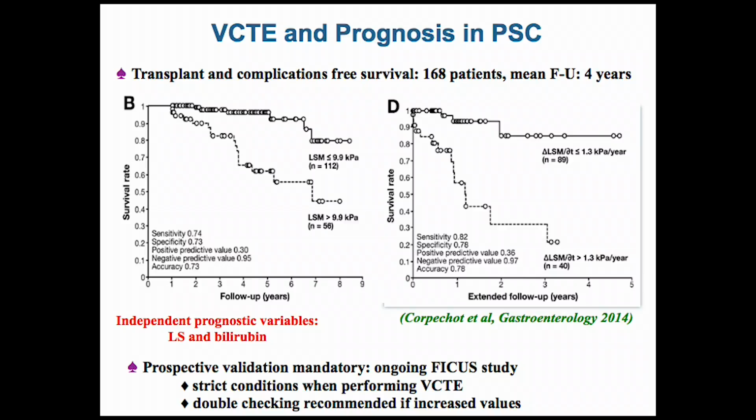And in terms of prognosis, in this large series with around 170 patients with a mean follow-up of 4 years, FibroScan has a strong prognostic value. These results have been confirmed by the Hamburg group, and I thank Chris for providing these slides.